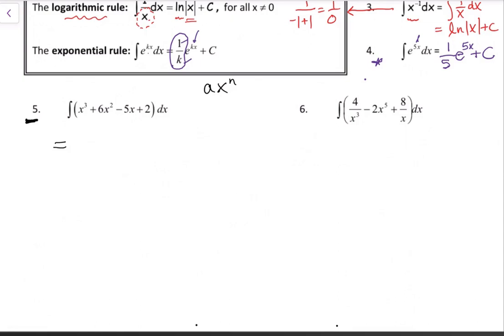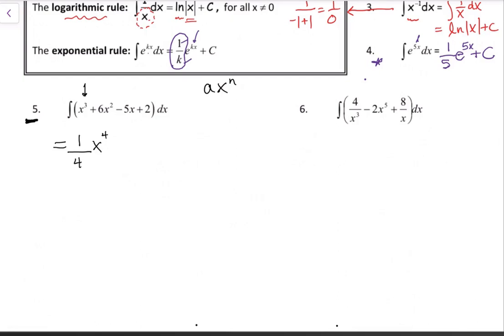So first term, this is my power rule. The power rule says, take the coefficient that's there, divide by the exponent plus 1. So 3 plus 1 is 4. And then my new exponent is the old exponent plus 1, so that'll be x to the 4th.